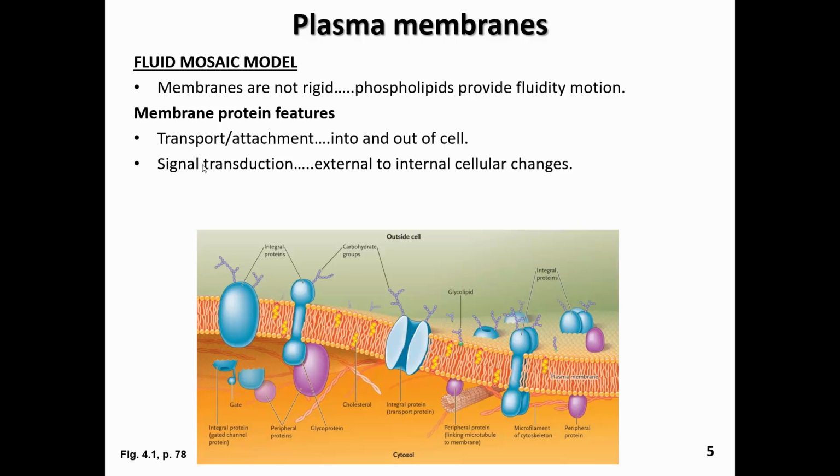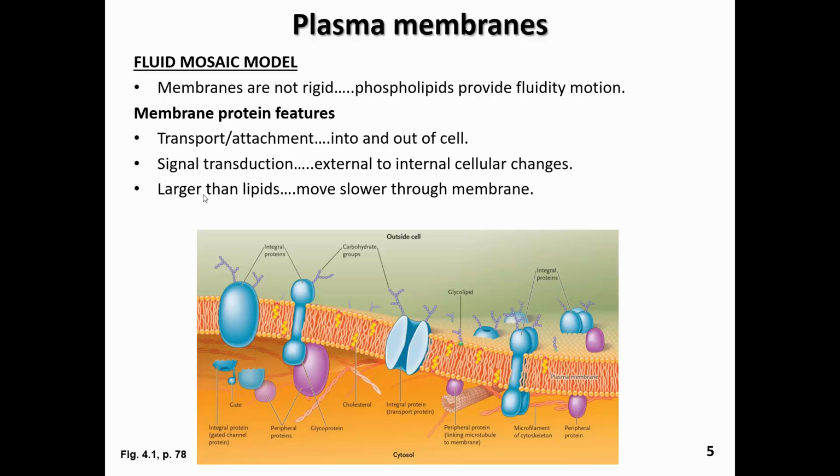A protein will bind a molecule outside the cell, and that binding will initiate a series of internal changes inside the cell. One example is that epinephrine, which is an adrenaline type of hormone, will activate enzymes inside the cell to increase the rate of cellular metabolism.